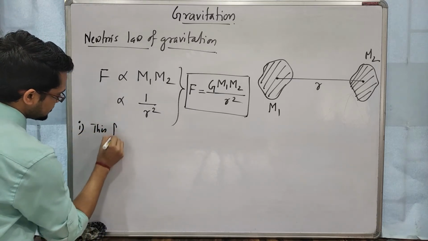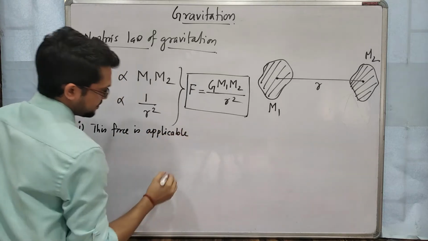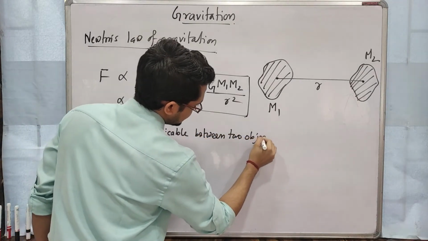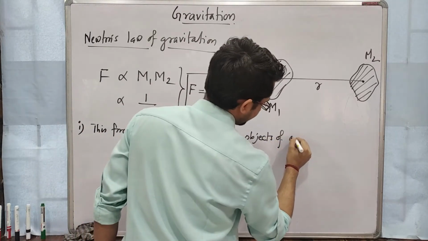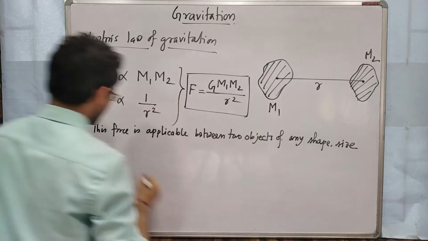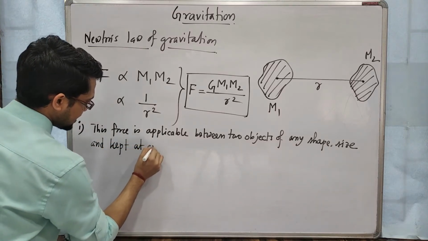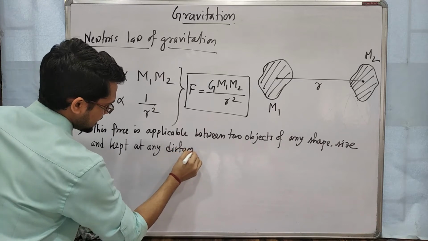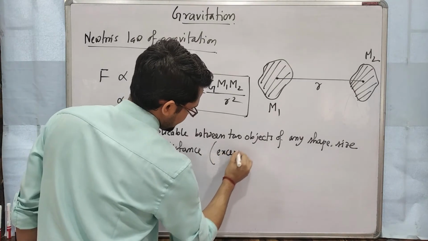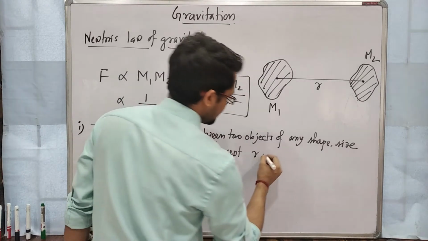This force is applicable between two objects of any shape, size and kept at any distance. Here some restriction is there in the distance, except r is less than 10 to the power minus 9.